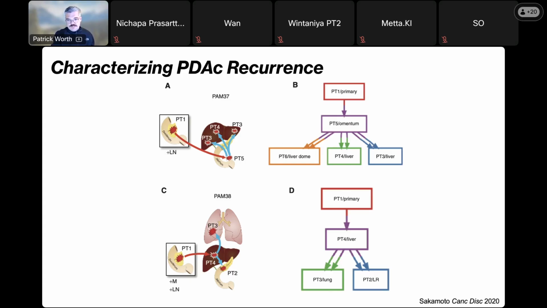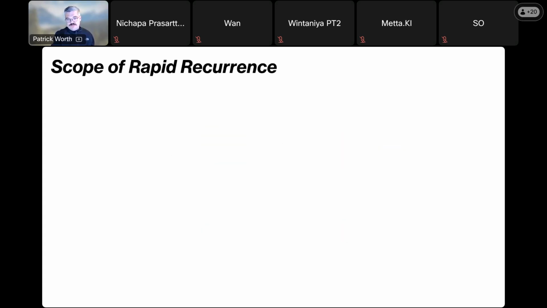I'm going to shift gears a little bit to the scope of rapid recurrence clinically, and really the evidence for why this is a persistent problem and not something that is one-off or anecdotal or rare.